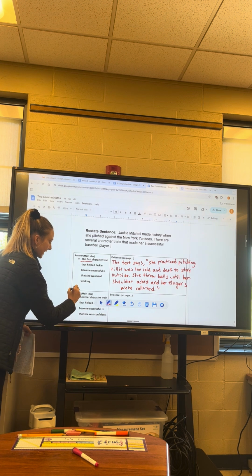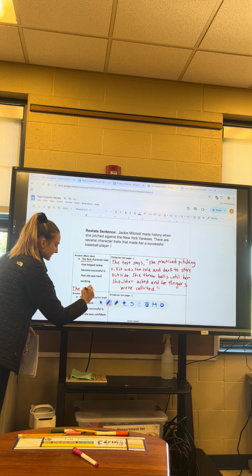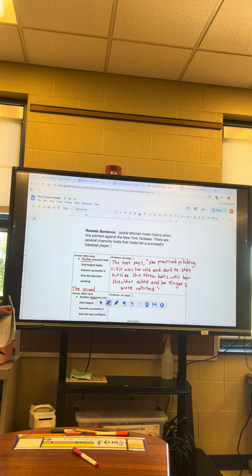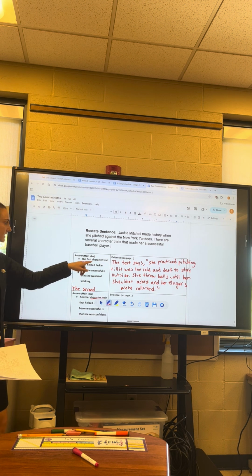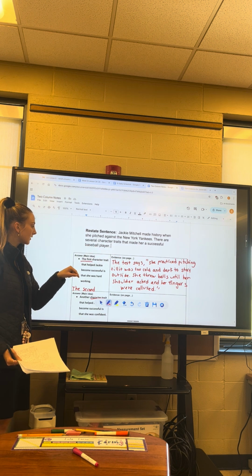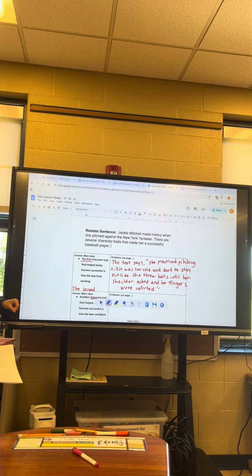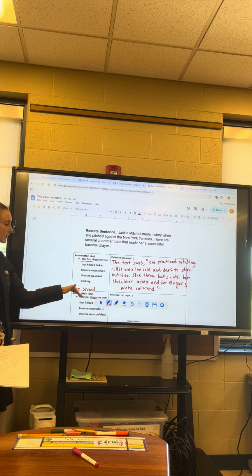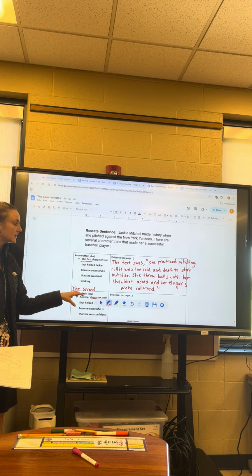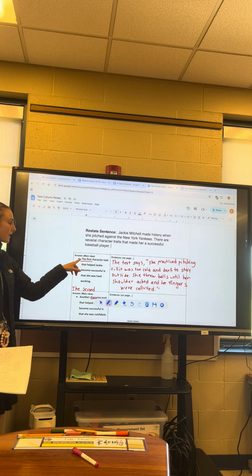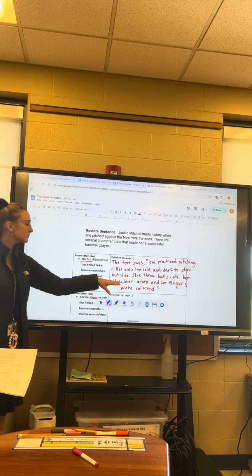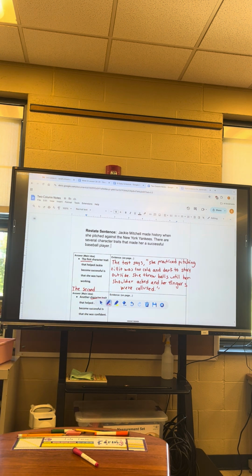I could also write the second character trait. Okay, so main ideas, when you are stating your main idea, you want it to relate back to the question and include transition words, because eventually we're going to take our evidence and our main idea and turn that into writing. Okay, so that is an example of finding main idea and then using supporting evidence.